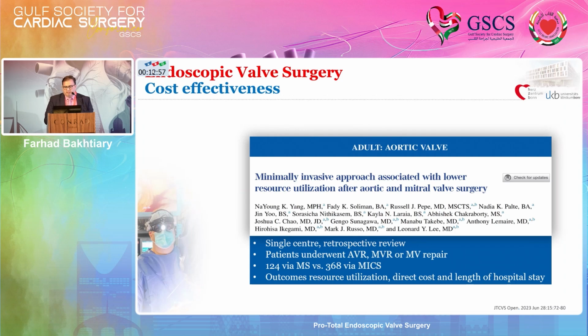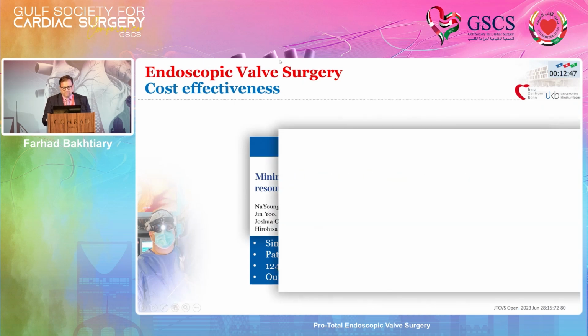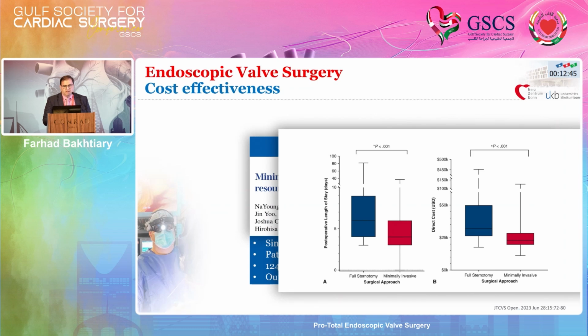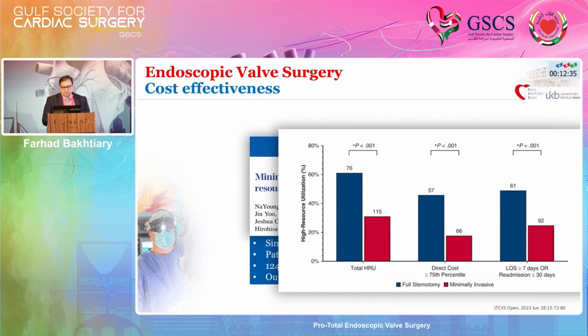It is actually better, and you don't need that much resource utilization compared to sternotomy, and there is enough evidence in the literature that avoiding sternotomy for all these elective cases is actually justifiable and should be a standard approach.